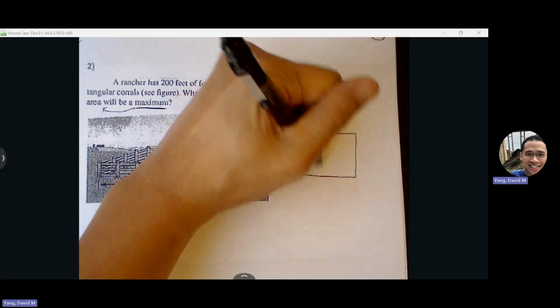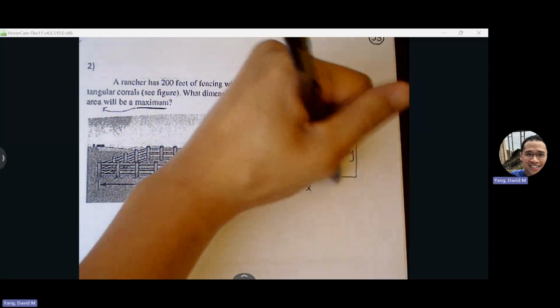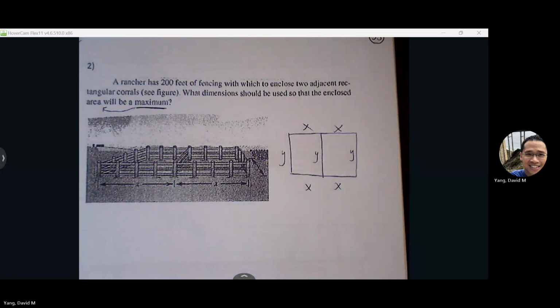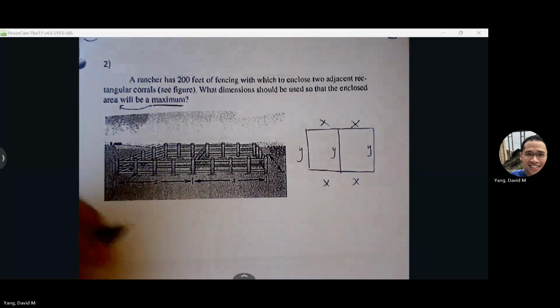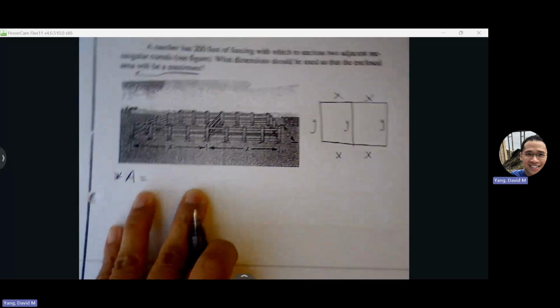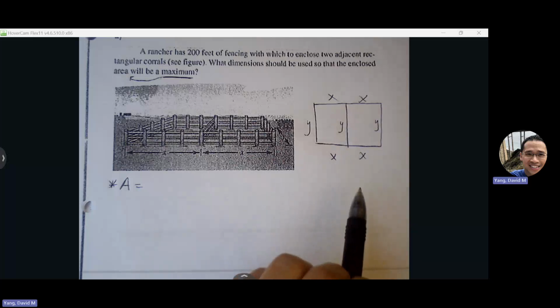So I have y's on this side, I have x's here. I'll put a star next to area since that's what we're ultimately trying to get ready to find the derivative for. What is the area of this region here?